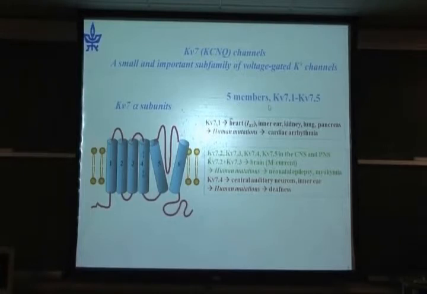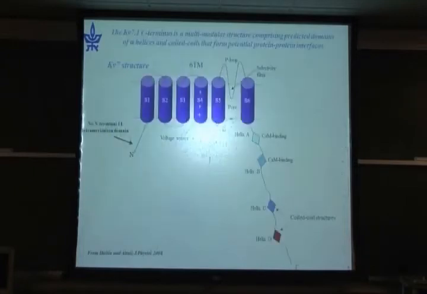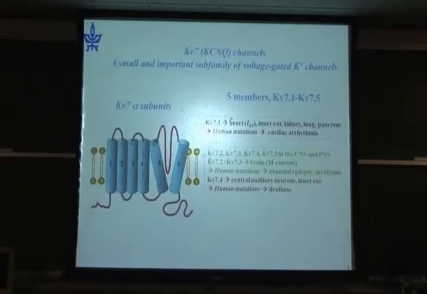We have the Kv7.1 or KCNQ1 up to Kv7.5. So as you know, I will not offend you saying that the Kv7.1 as alpha subunit is expressed in the heart, in inner ear, kidney, lung, pancreas, and we know that this subunit is very important because human mutations are leading to cardiac arrhythmia.